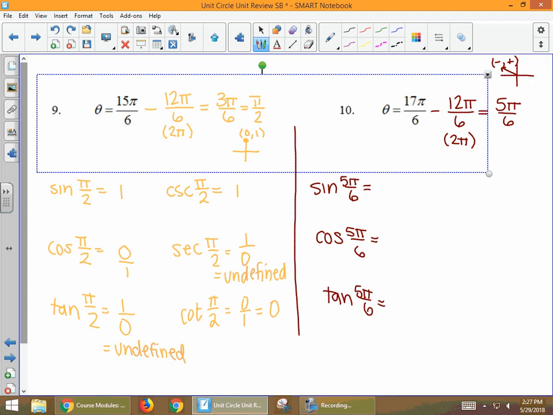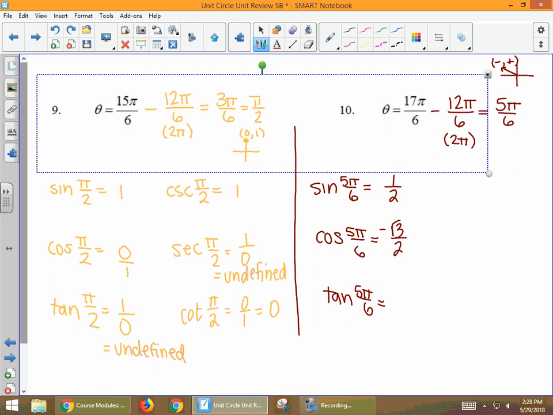At all of our 6, sine is 1/2. And we just said that sine is positive in quadrant 2. At all of our 6, cosine is radical 3 over 2. But since cosine is our x value and we're going to the left of the origin, cosine is negative.